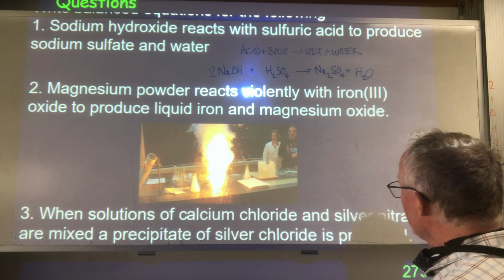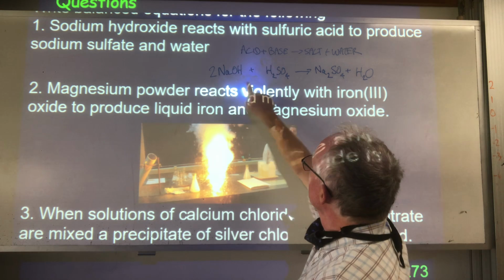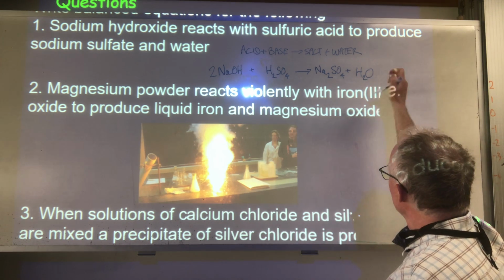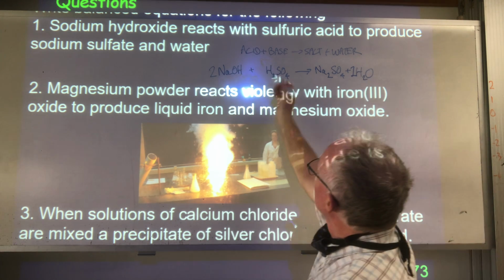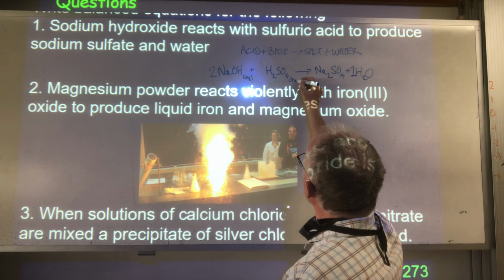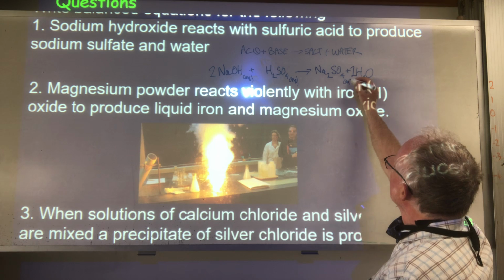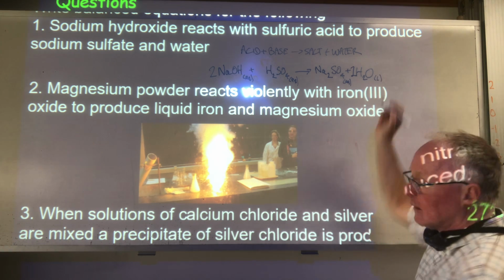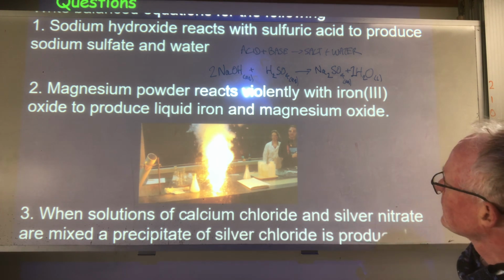So that takes care of the sodium sulfate. Now we've got 2 hydroxides and we've got 2 hydrogens. That means we're going to get 2 waters. And because we always do, we'll just chuck in a few states. You'll be told when things aren't obvious, when things aren't aqueous usually.